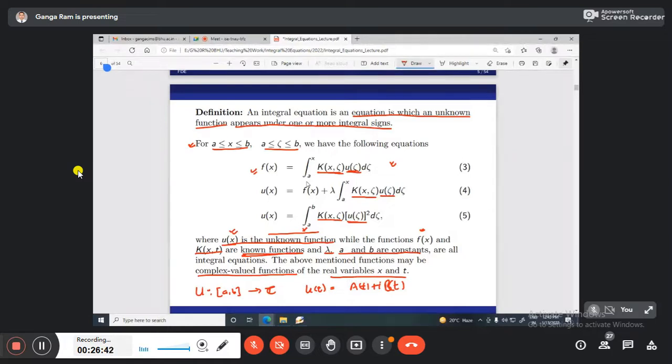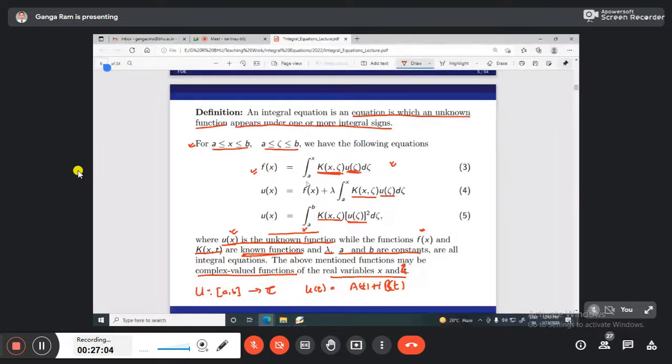Basically, in place of t, it is zeta. First of all, I had a typo. Suppose we have some integral equations here. f(x) is equal to the integral from a to x of k(x, zeta) u(zeta) d zeta, and you can see that under the integral sign there are two functions, k and u.